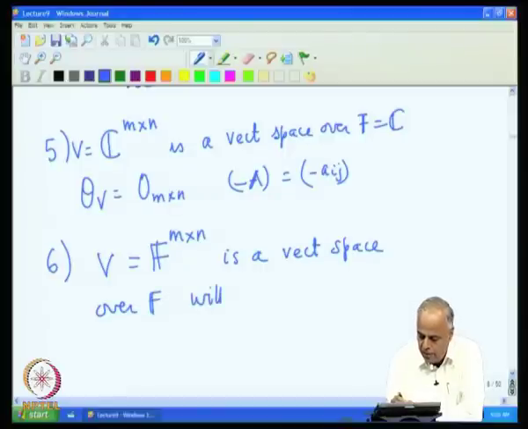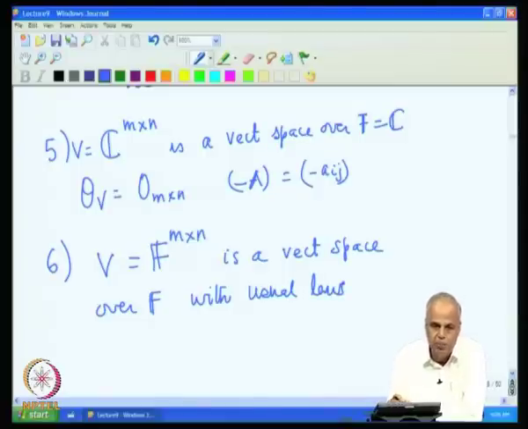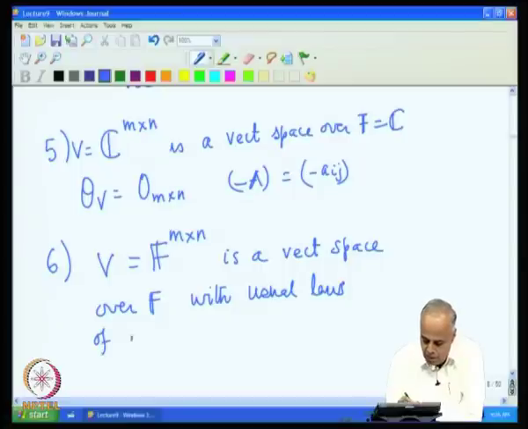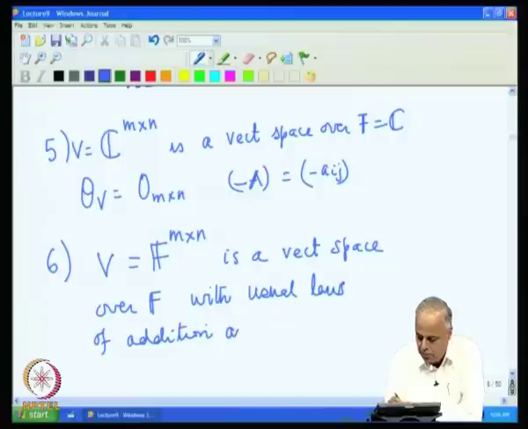Again, when we say with usual laws, that means we must add the matrices by adding corresponding entries. When we add corresponding entries, that must be according to the rule of addition in the field F. So, it is usual laws of addition and scalar multiplication.